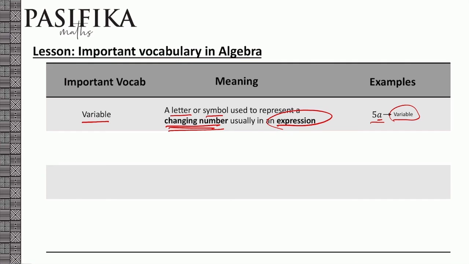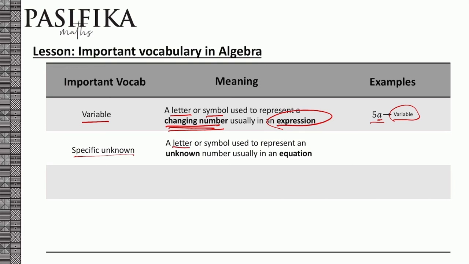Another term that's important for us to know is a specific unknown. That means it is a letter or a symbol used to represent an unknown number, and you usually come across it in an equation.